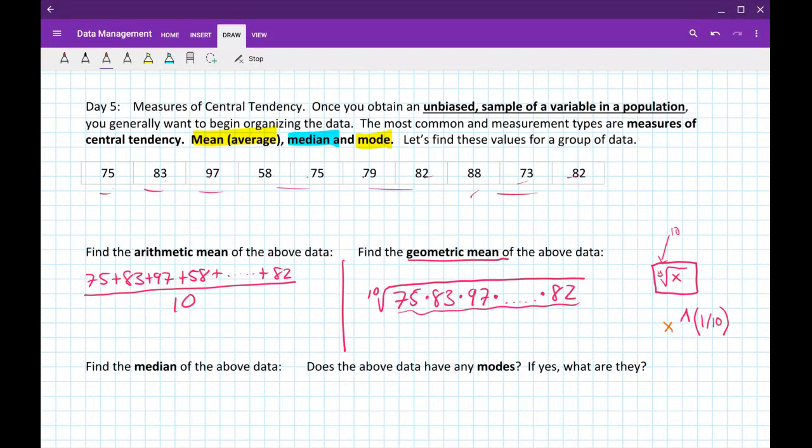All right, just a quick thing. What's the difference between these two? We discussed them in the past, but I just want to reiterate the difference.